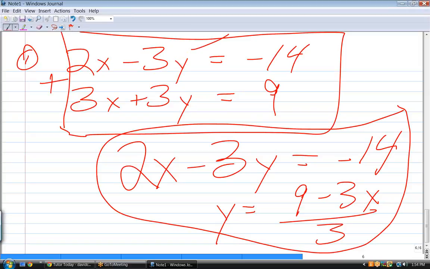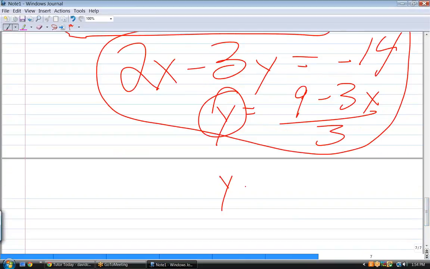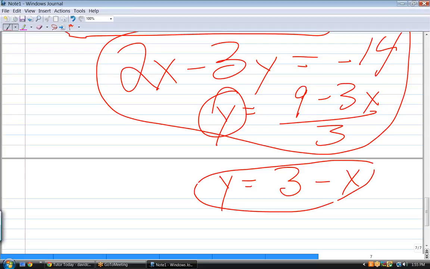I wouldn't choose elimination. I would choose substitution. Because one of the variables, y, is completely defined, even though I didn't simplify it. Let's go ahead and simplify y. So y is actually equal to 3 minus x. But the same thing, y is fully defined.